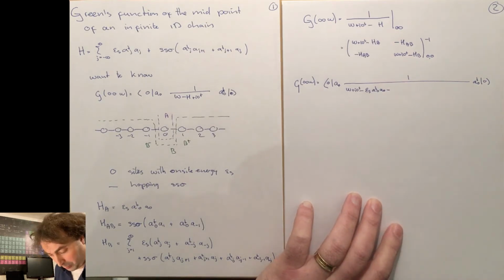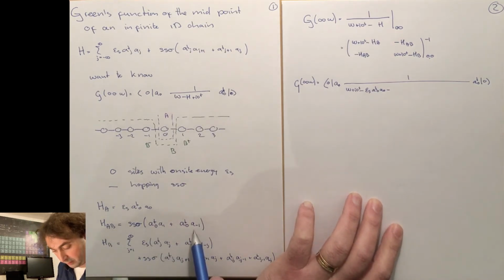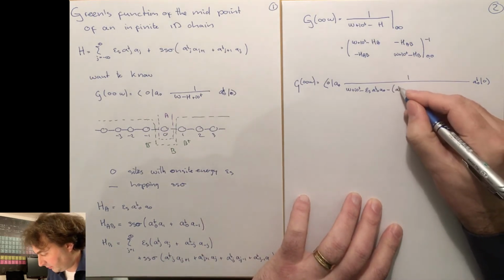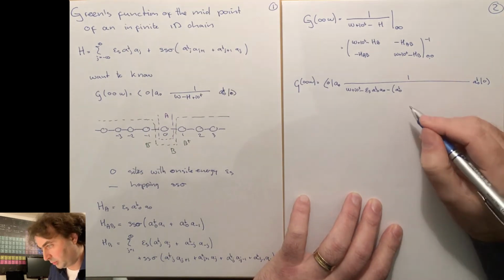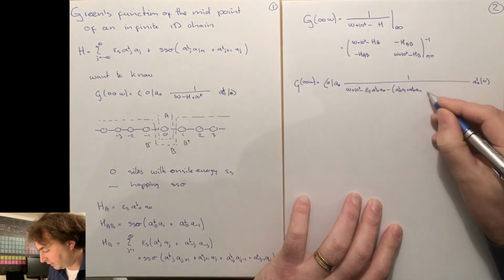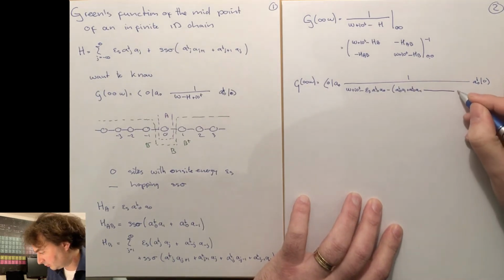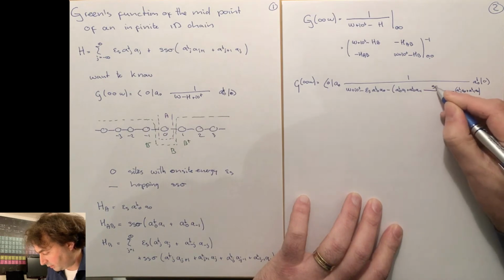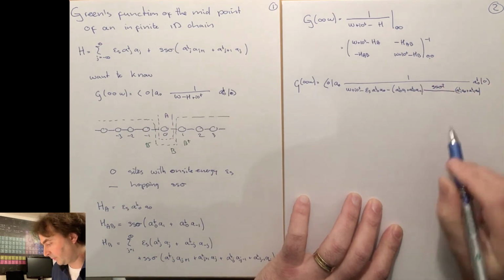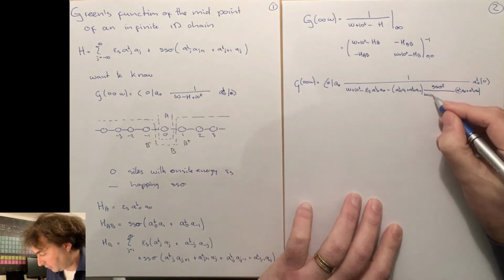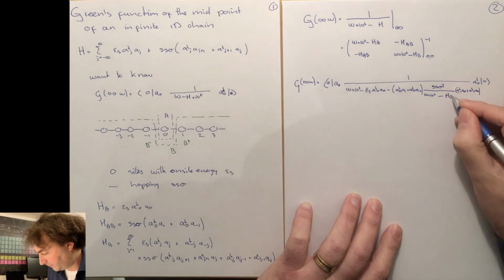And then we have the coupling from A to B, which is given here, and we'll put the V ss sigma squared in the numerator, A dagger 0, A 1 plus A dagger 0, A minus 1, A dagger 1, A 0 plus A dagger minus 1, A 0. And here is our coupling strength between subsystem A and subsystem B, divided by omega plus i0 plus minus H B.